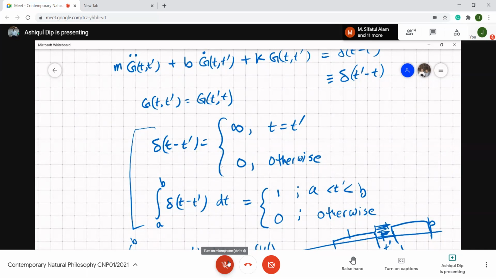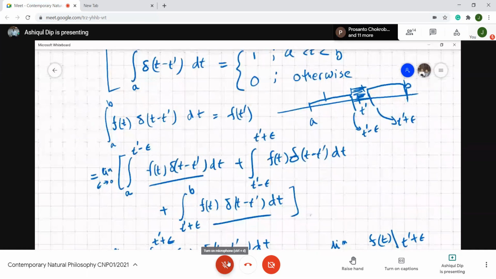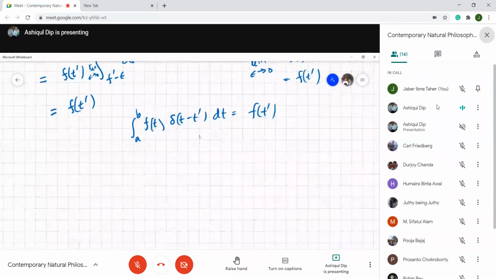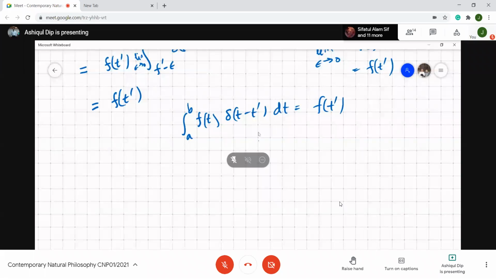Well, if t tends to t′ − delta and t′ + delta, in that case both may approach infinity, but might be different. Sorry, say that again.